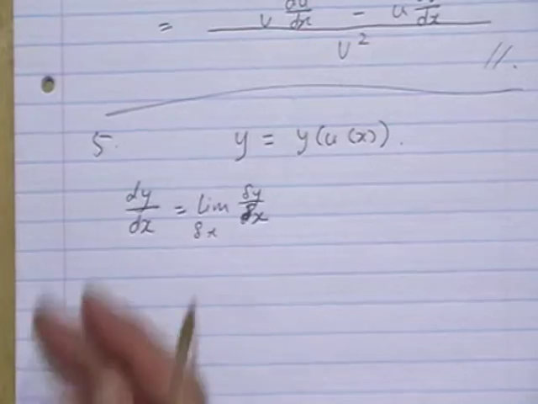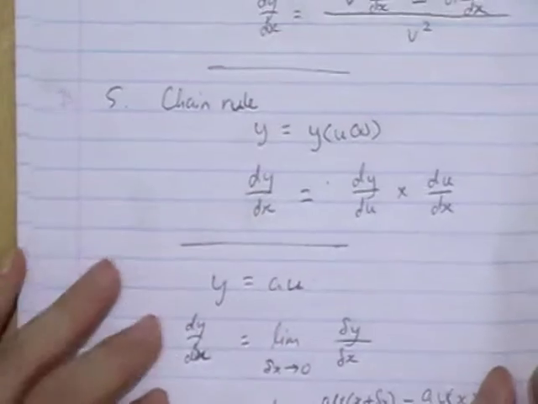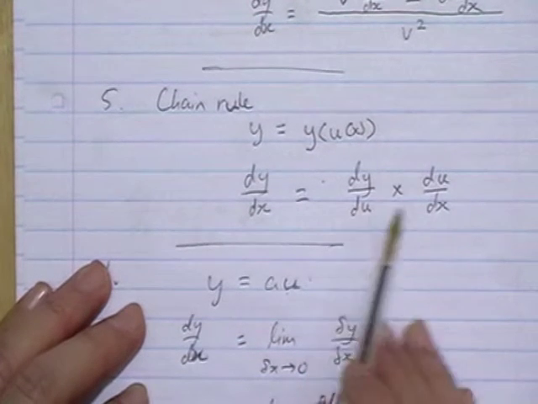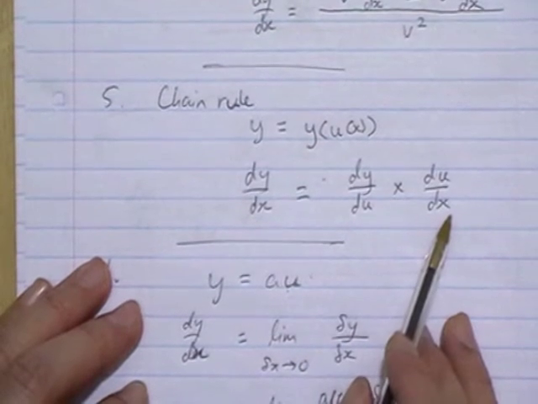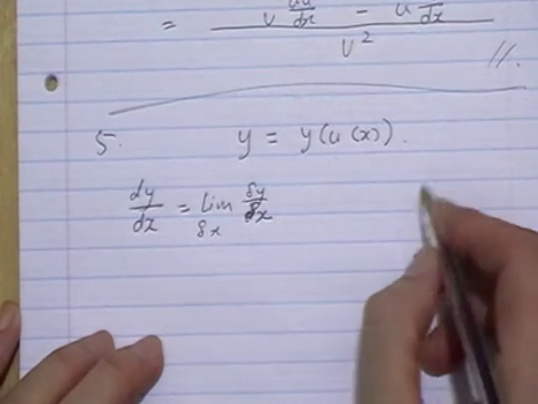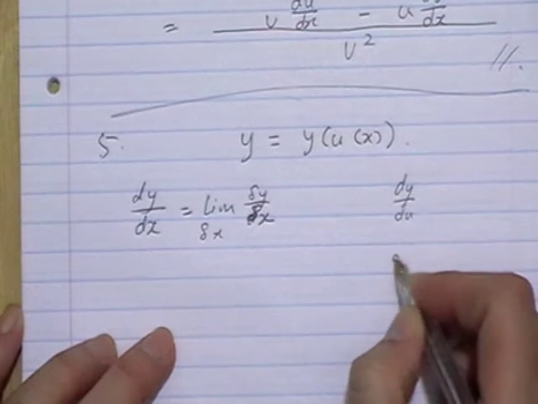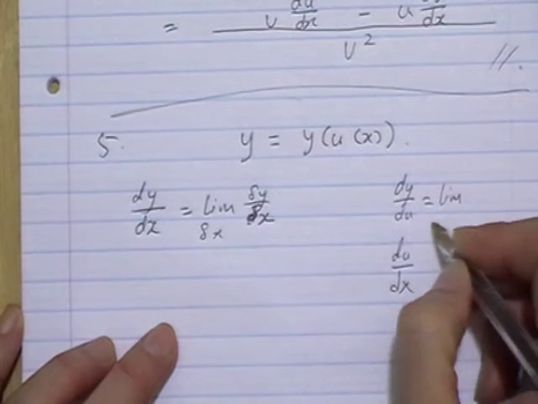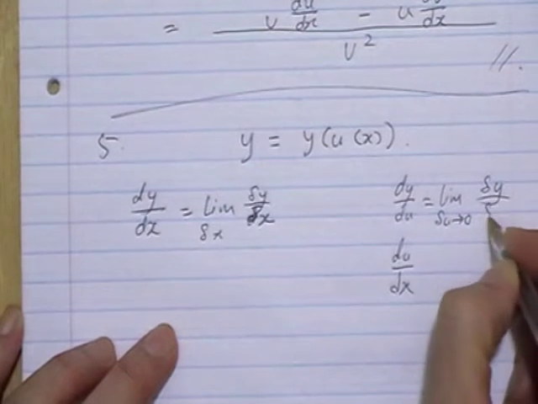Once again, let's go back to the thing we wanted to prove. If you look at those two, think about their definitions. All right, let's write down their definitions and see if it helps. The definition of dy du and du dx, right? So this is the limit, as in this case delta u tends to 0, of delta y over delta u.